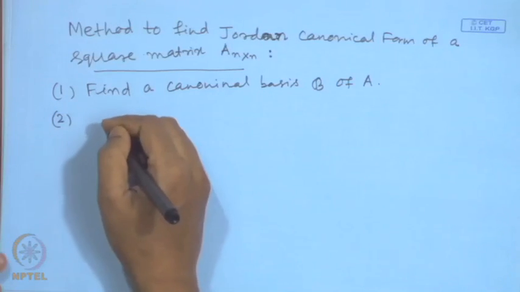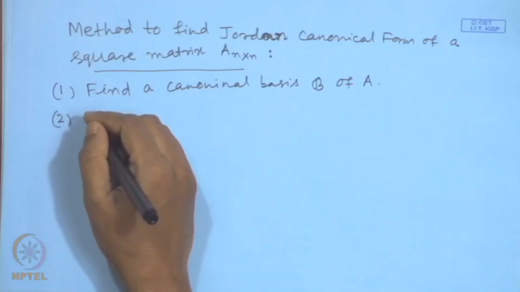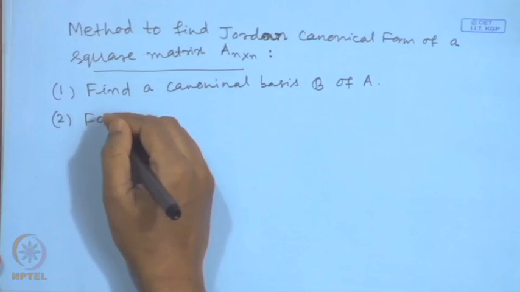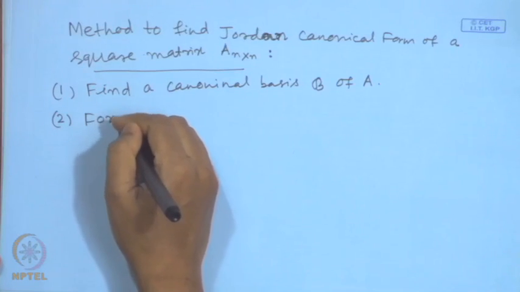The second step is that we form a matrix M, which we call the modal matrix.